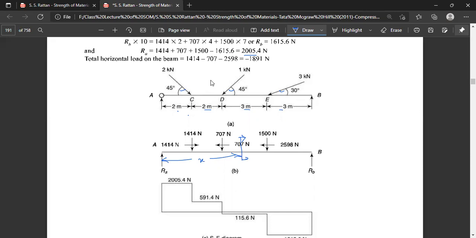Means 1414 will be negative and 707 will be negative, and 2005 will be positive. So this equation will create a shear force of 115.6 Newton up to the point E.